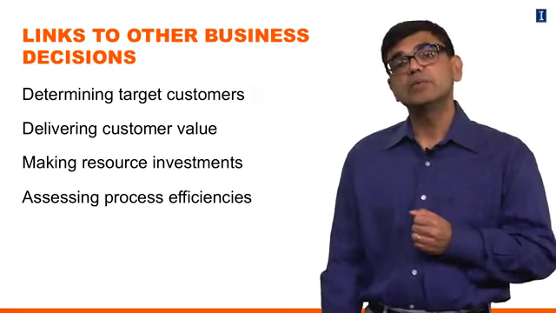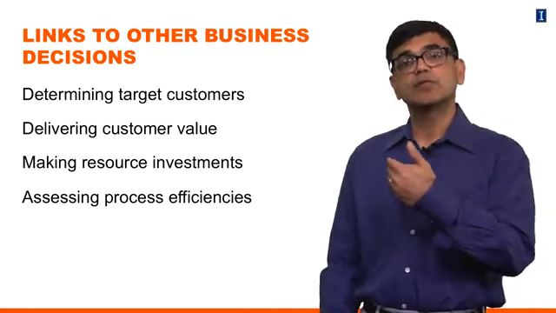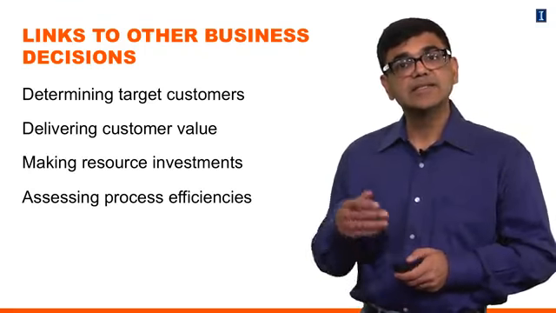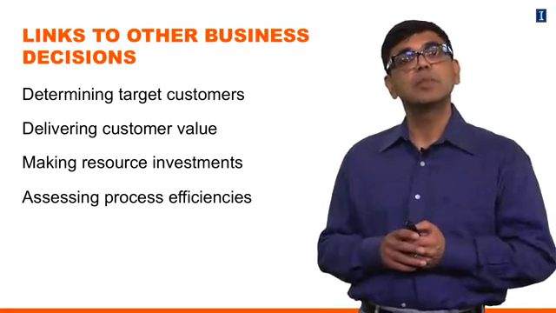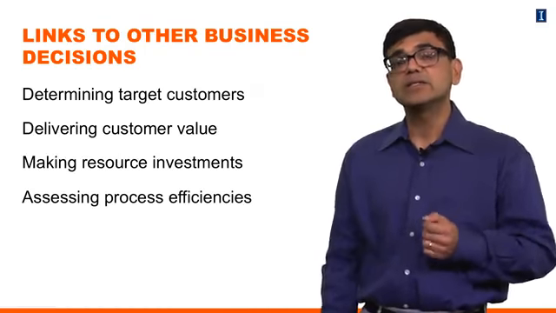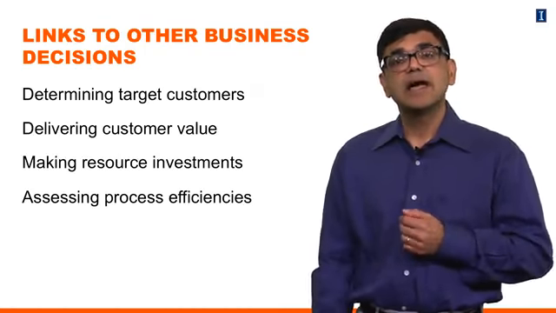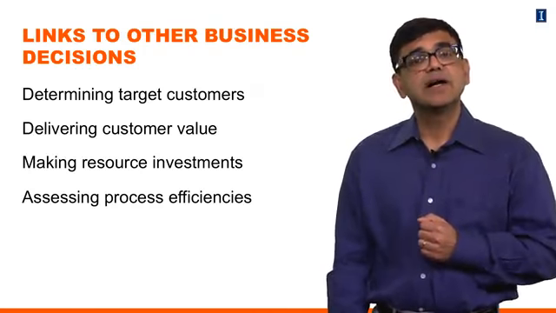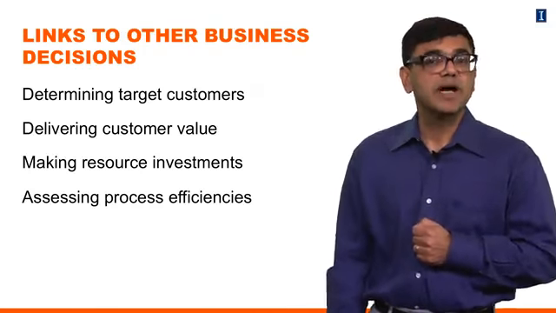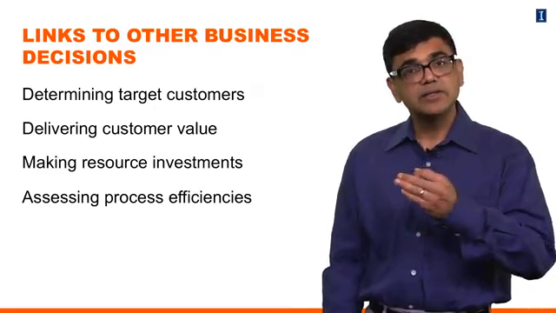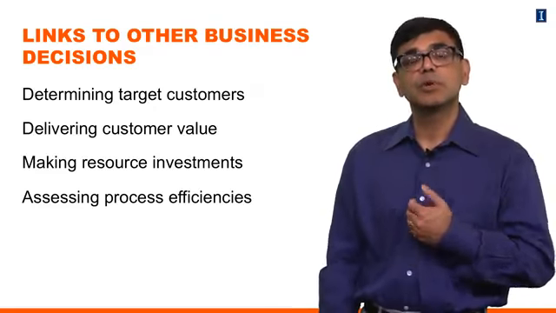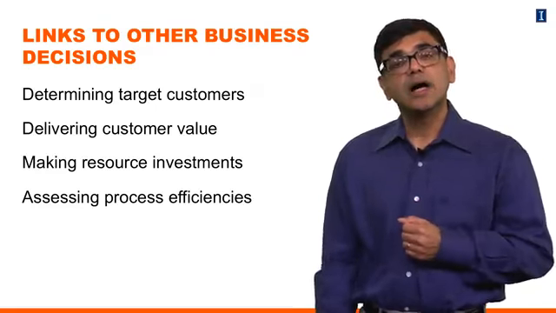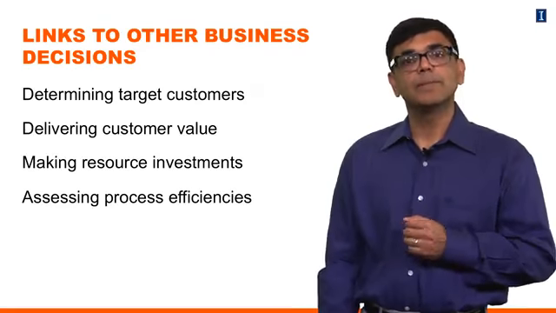In terms of making resource investments, from a financial analysis perspective, some of the things that we've talked about in operations directly link to making resource investments. And finally, in terms of assessing and even improving process efficiencies, you can use some of the things that you've learned in the operations management course if you get into a process improvement type of role.